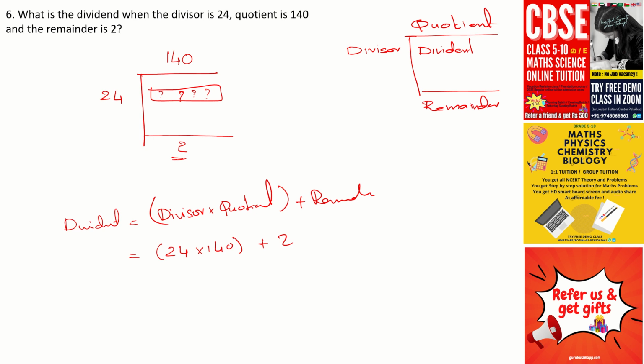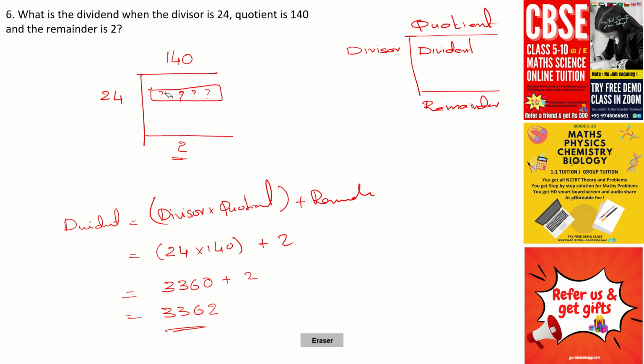When we calculate here, what will be our answer? 24 into 140, right? So it is going to be 3360 plus 2. So the final answer is going to be 3360, sorry, 3362. This is our final answer.